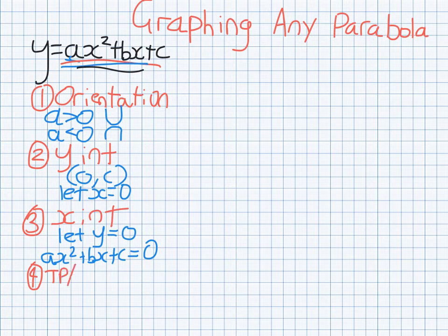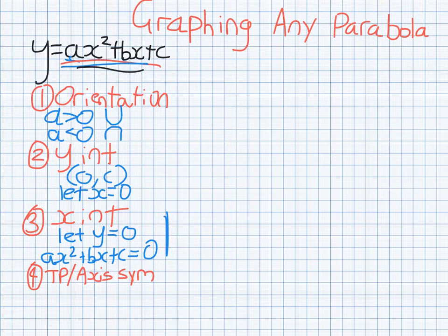The last thing you need to find, and we can sort of do 2 in 1, is the turning point and axis of symmetry. Every parabola has a turning point and has an axis of symmetry. I should have pointed out that not all parabolas have x-intercepts. Sometimes they have 0, sometimes they have 1, sometimes they have 2 x-intercepts. But in Year 9, we're only considering parabolas that do have x-intercepts.